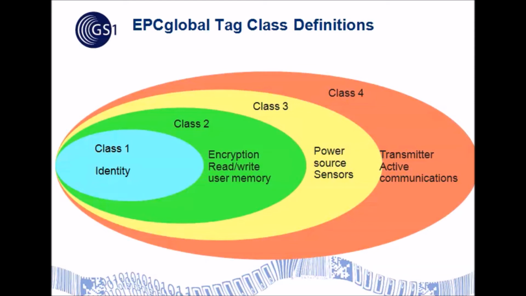A semi-passive tag will have a power source and supply the power to the sensors. So the Class 3 RFID tag can have sensors with the optional data logging. It can collect the corresponding information.